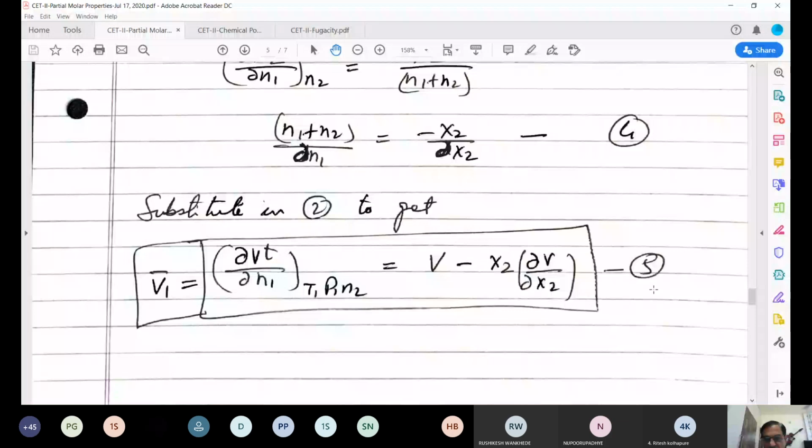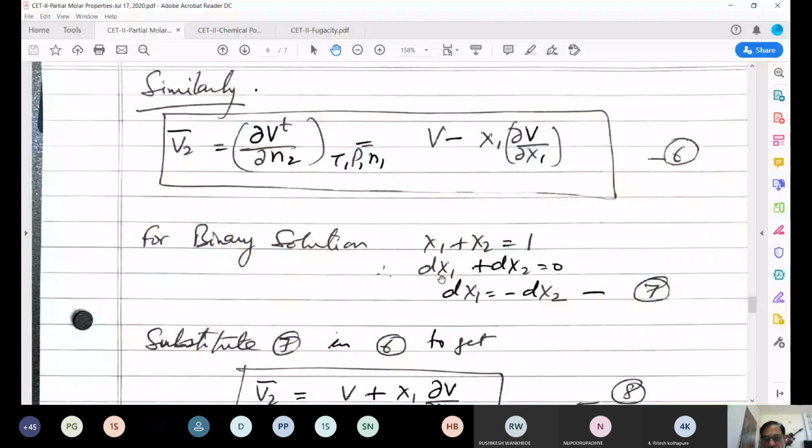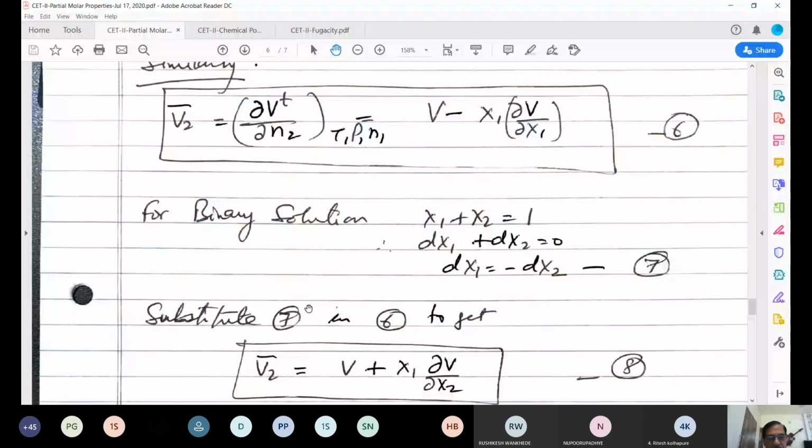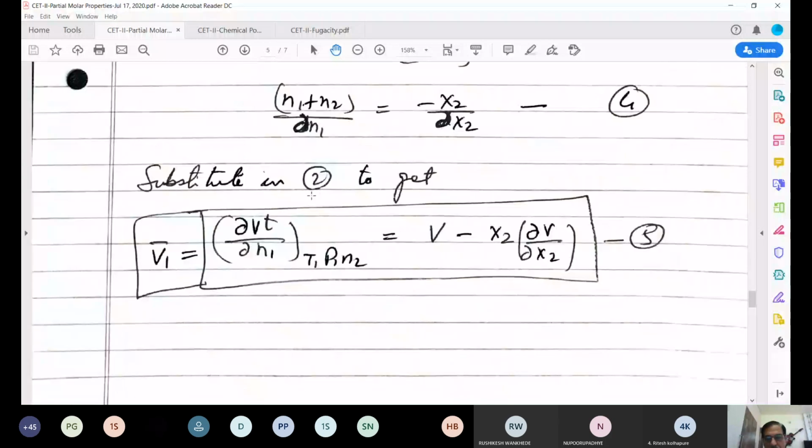Okay. So for a binary solution, we know x1 plus x2 equals 1. So dx1 plus dx2 equals 0. That means dx1 is equal to minus dx2. Now substituting this equation 7 in 6, similarly, like we have derived this one, V1 bar is equal to V minus x2 ∂V/∂x2, we can similarly derive for V2 bar.